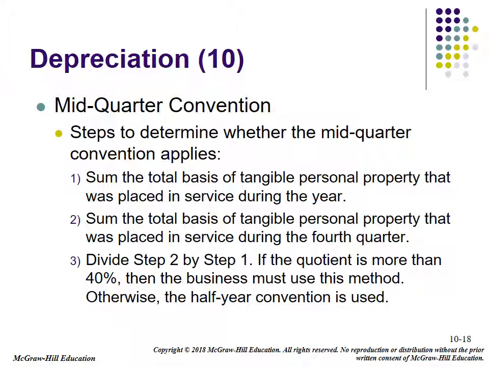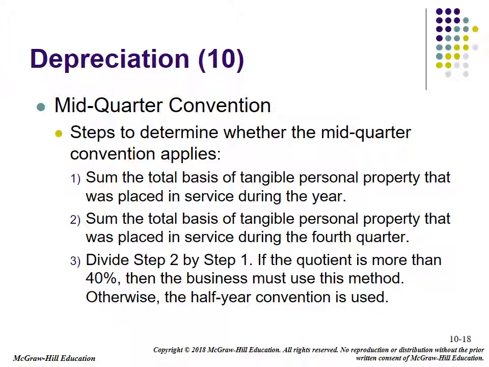The assumption with this is that you purchase an asset in the middle of the quarter that you originally bought it. So let's say your company for 2017 has to apply mid-quarter convention.